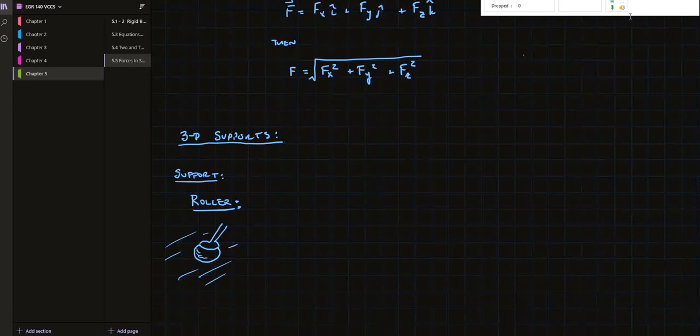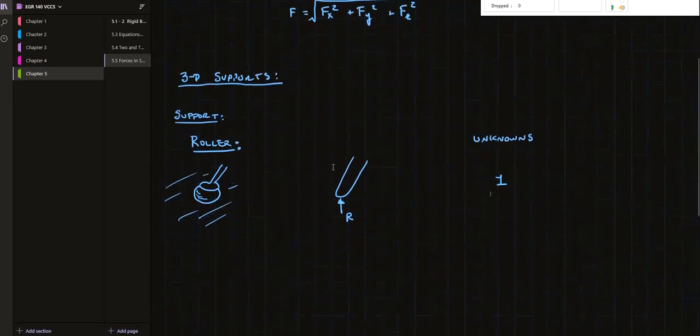So it still is constrained in one direction and will produce a reaction force, just called R. And still we're going to have one unknown there. Say it'll be in the Z direction, and that ball will be free to roll in the X and the Y direction.